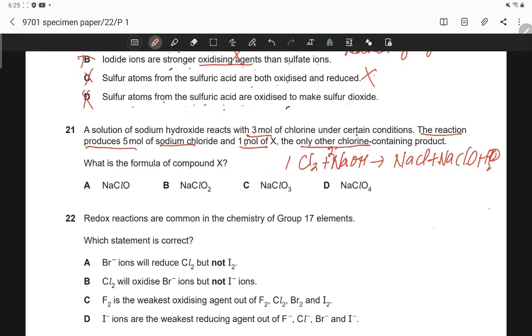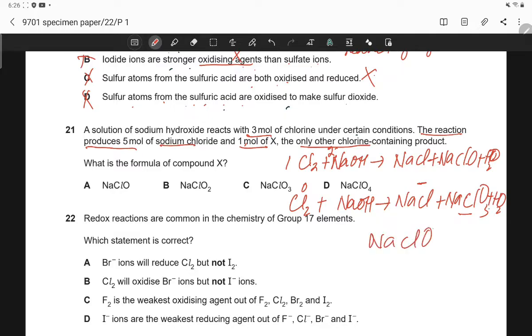There is another reaction when chlorine reacts with hot sodium hydroxide. It forms NaCl plus NaClO3 and water. So this is 0, and the oxidation state is -1, and in NaClO3 the sum is equal to 0.